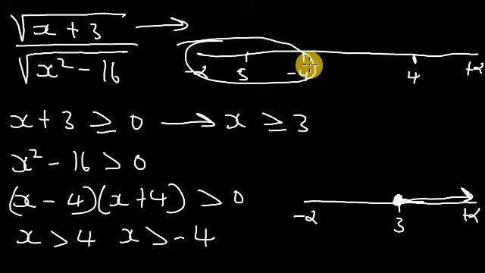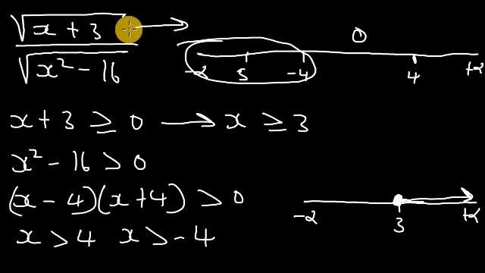Is there a point in selecting the region between negative 4 and 4? Now, I would like to take a point between negative 4 and 4. I would like to select 0. Plugging in 0 at the numerator and the denominator, will the result still be a real number?